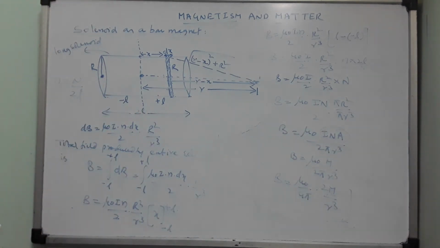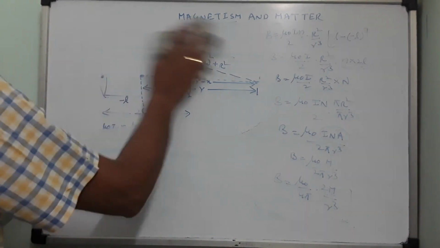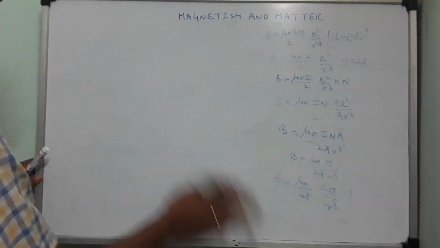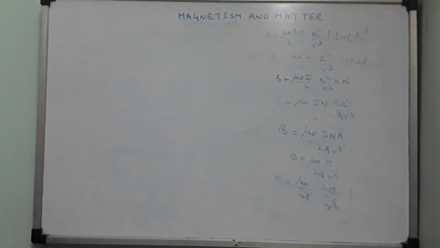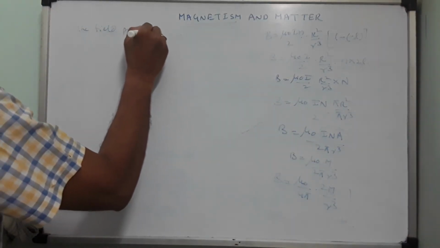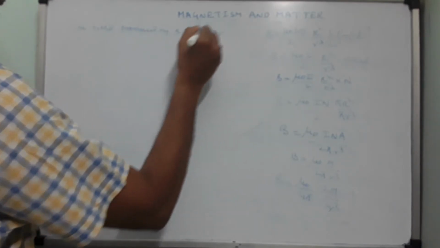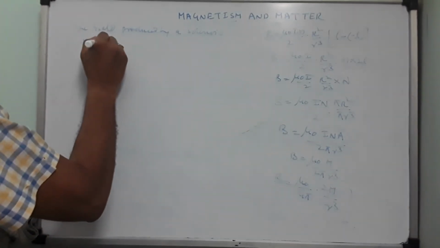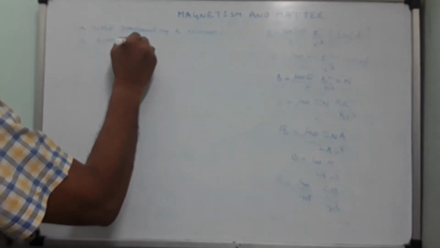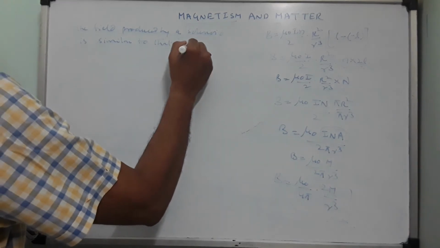Okay. If you draw the magnetic field lines, how will they be? So therefore the field produced by a solenoid is similar to that of a bar magnet.